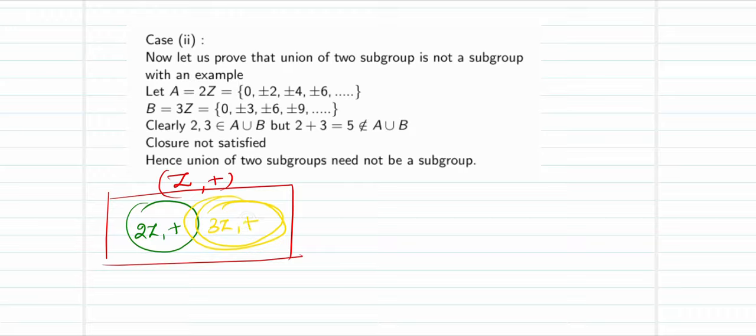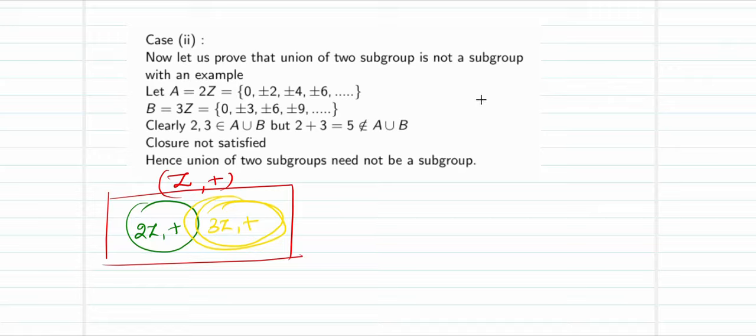So now I am taking A to be the first subset, which is 2Z, comprising the elements 0, plus or minus 2, plus or minus 4, plus or minus 6 and so on. The second subset is going to be your 3Z: 0, plus or minus 3, plus or minus 6, plus or minus 9, all the multiples of 3 will be over here.